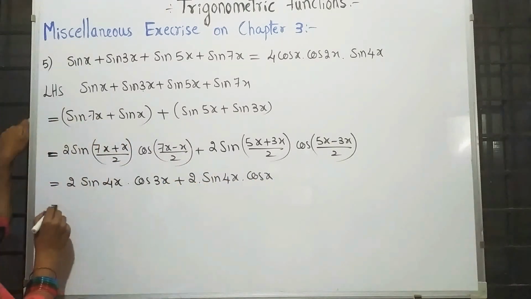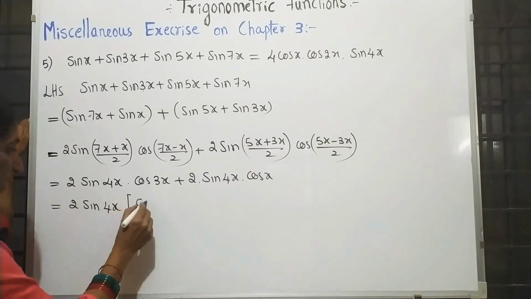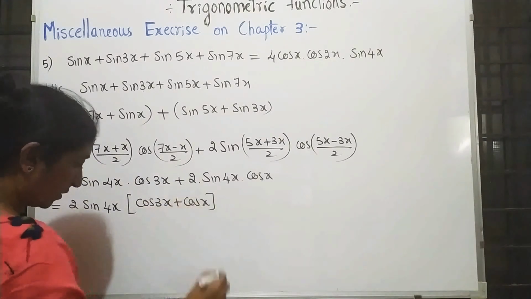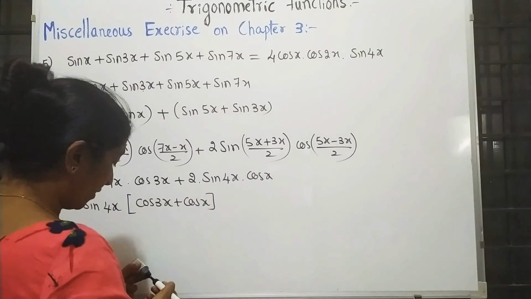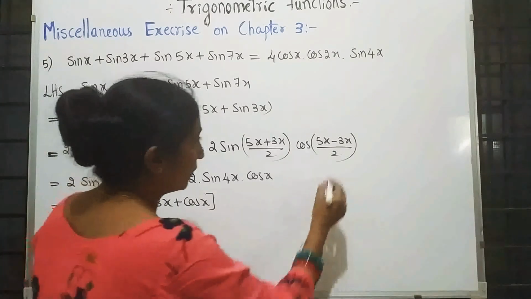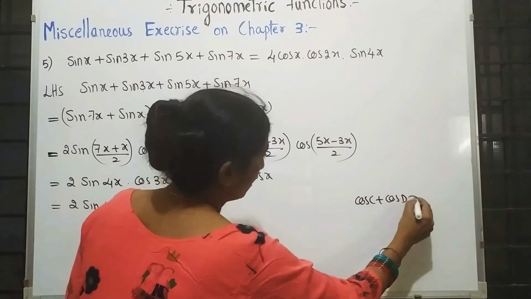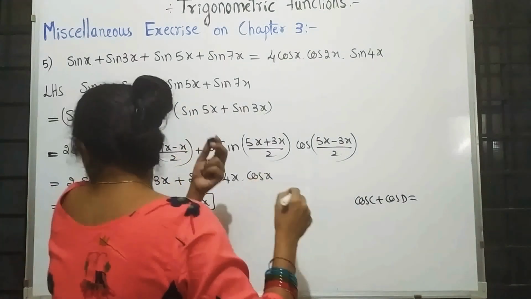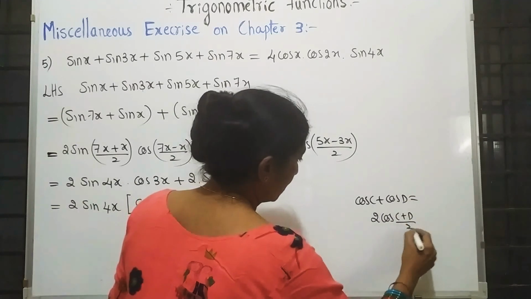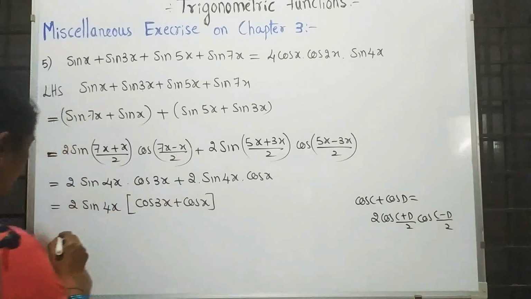So what we can take common? We can take 2 sin 4x as a common, in the bracket cos 3x plus cos x. Now apply the formula cos c plus cos d. Have you remembered cos c plus cos d? Already I gave that. Cos c plus cos d is equal to 2 cos c plus d by 2 into cos c minus d by 2.